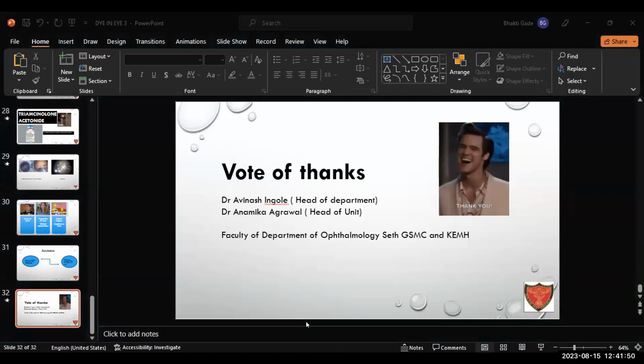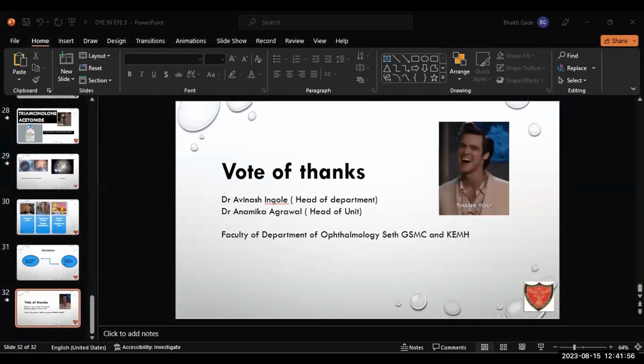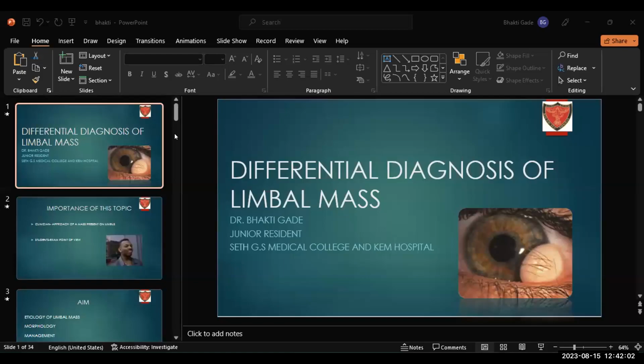Is Bhakti sharing her screen? Sir, can you see my screen? It's a vote of thanks that I can see. 1 second, sir. I'll share again. So in the meanwhile, please mark on our WhatsApp group. Kindly give marks for Shilpi Bhattacharya.